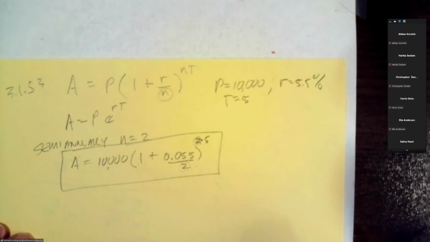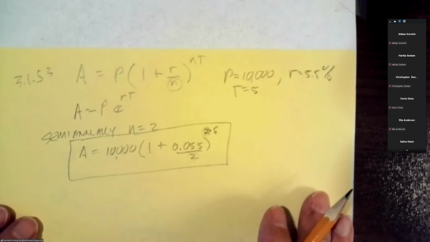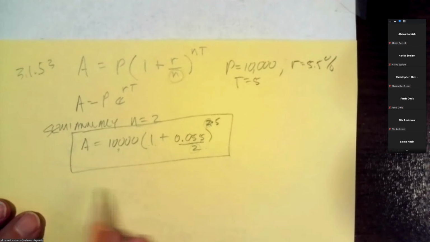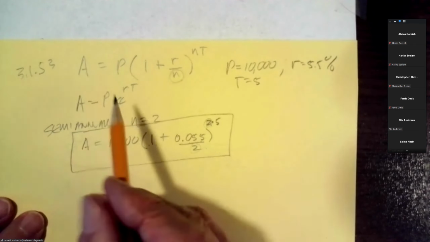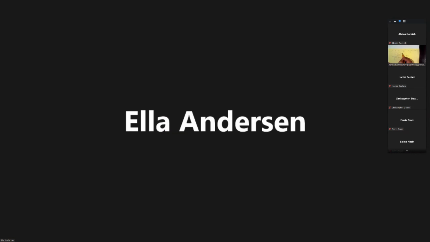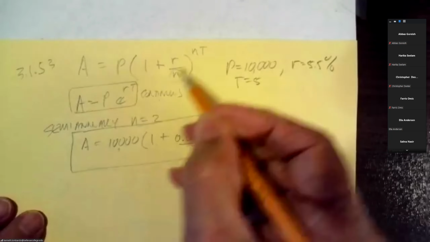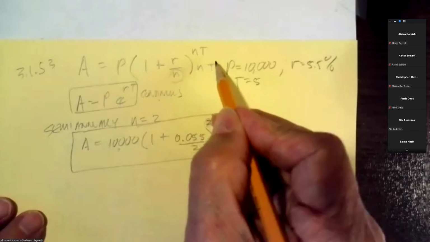Once you've got the equation, you just plug it into your calculator to come up with a number. So does that answer your question on which equation we would use? I'm still a little bit confused on how you knew to use that equation rather than the other one. Well, this is continuous compounding. Okay, so that's just the continuous. This is continuous, and this is for N periods for T years.